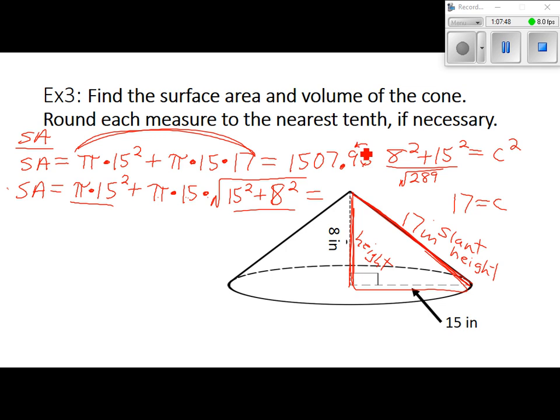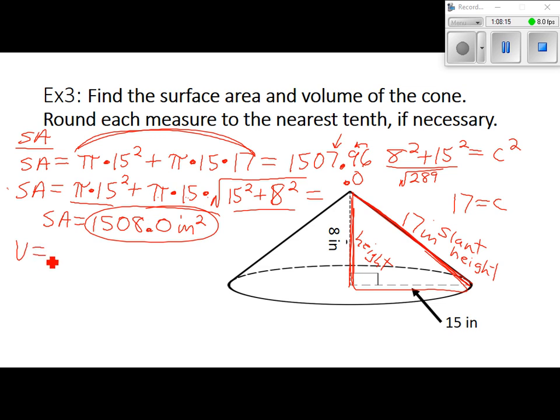When we round this, we round to the nearest tenth. That's going to make that 9 a 0, and we're going to round this number up 1. So our surface area is going to end up being 1508.0.